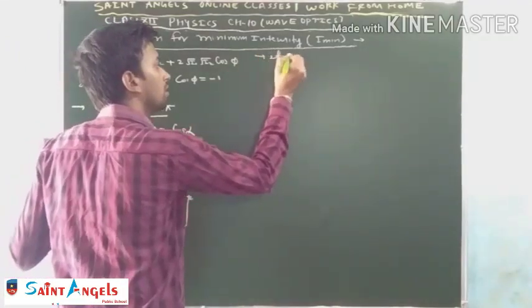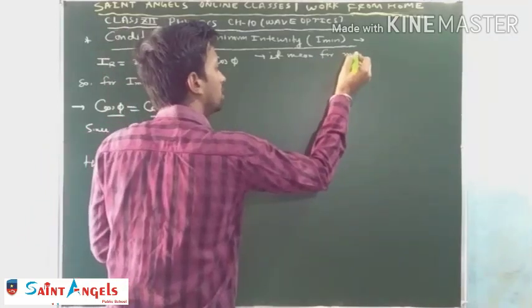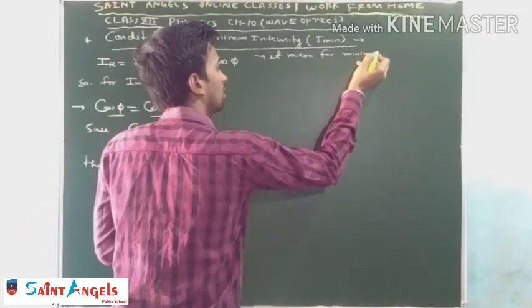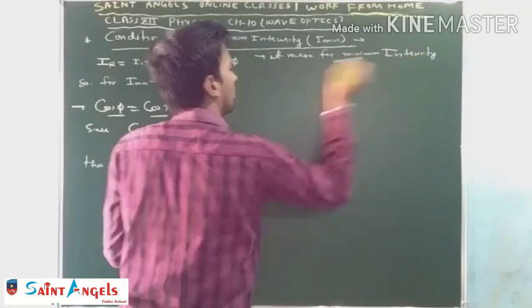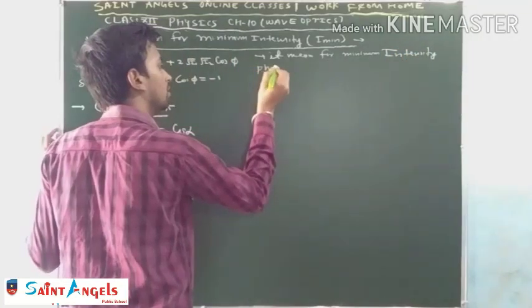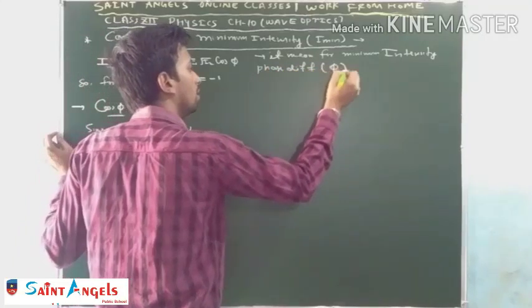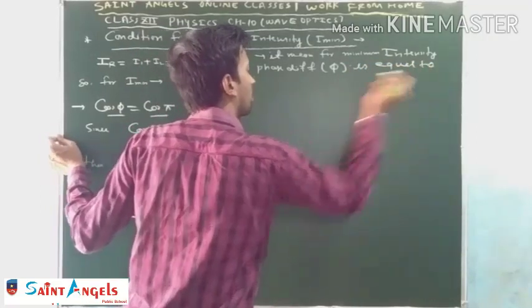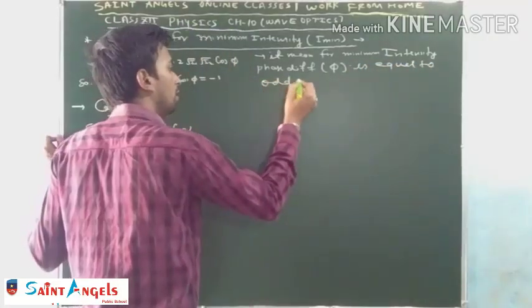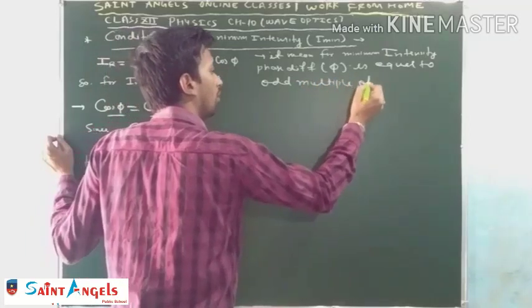It means for minimum intensity, the phase difference, that is phi, is equal to an odd multiple of pi.